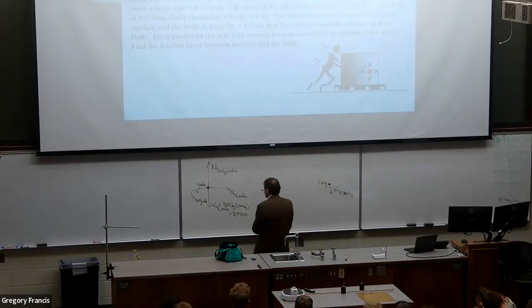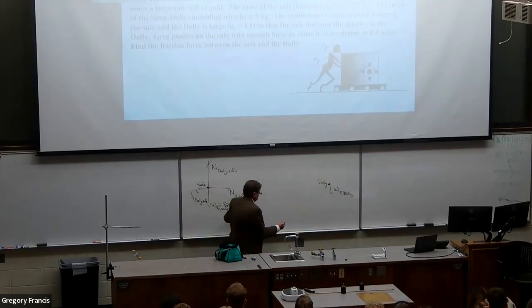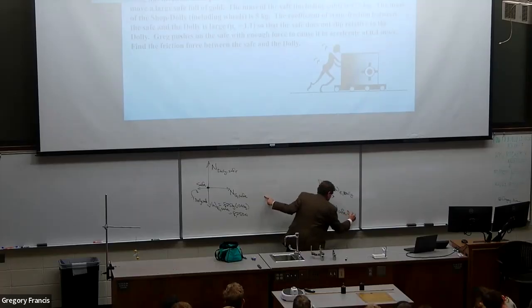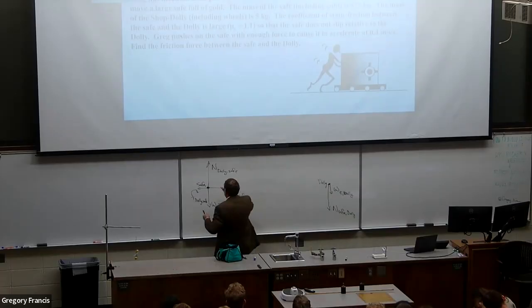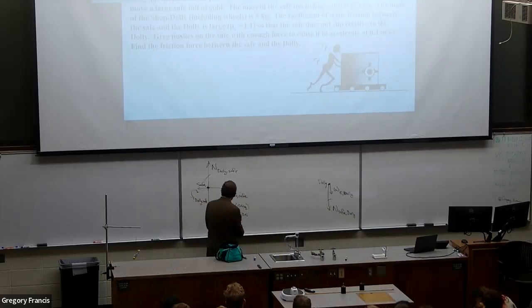And then I use Newton's third law. If the dolly pushes up on the safe, then the safe pushes back just as hard on the dolly. And I would use tick marks to show that they are third law companions.